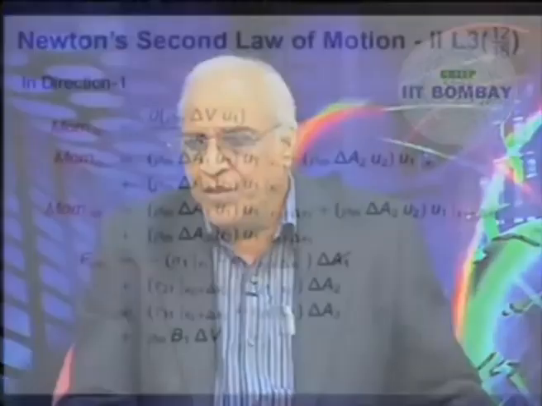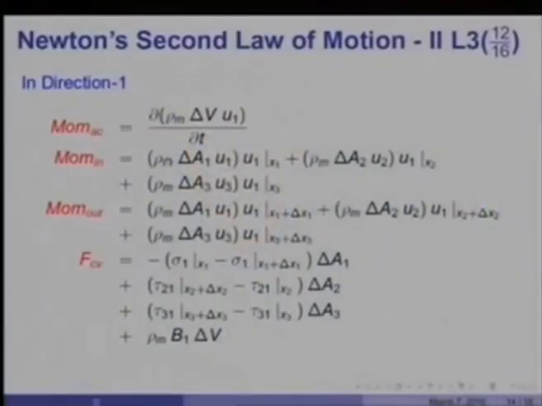So, I have 3 terms: mass coming in at surface x1 multiplied by u1, mass coming in at surface x2 multiplied by u1, mass coming in at surface x3 multiplied by u1. Going out fluxes would be likewise mass going out multiplied by u1 at x1 plus dx1, similarly x2 plus dx2 and x3 plus dx3.